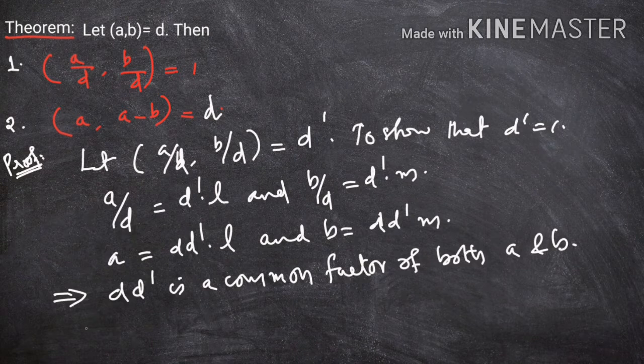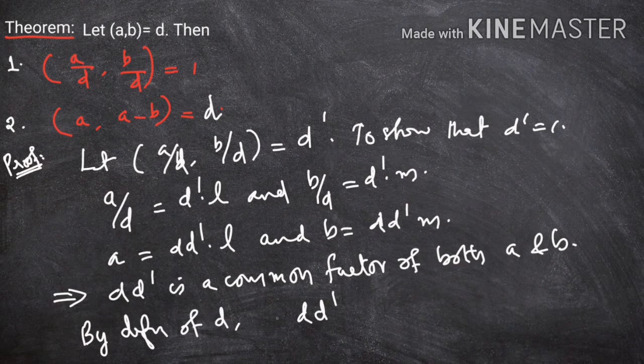So by definition of D, D is the greatest one, so D dash is less than or equal to D, and therefore D dash is less than or equal to 1.